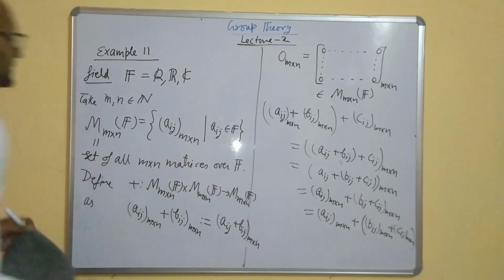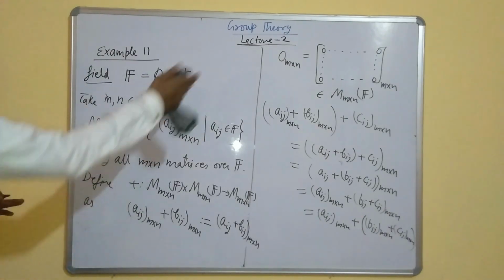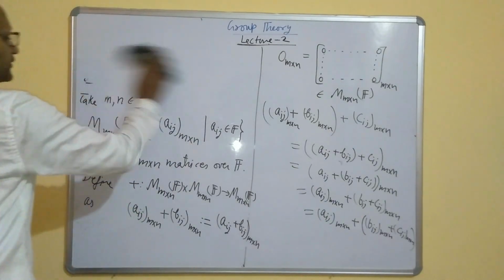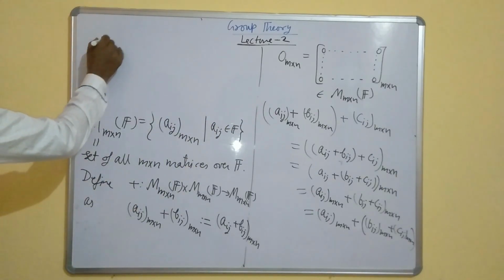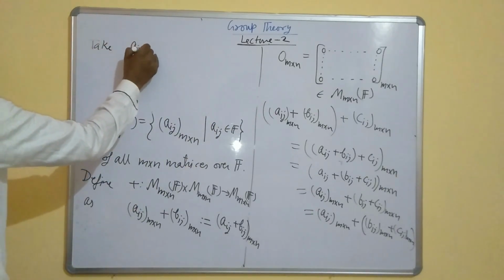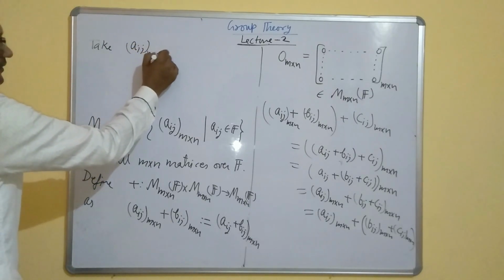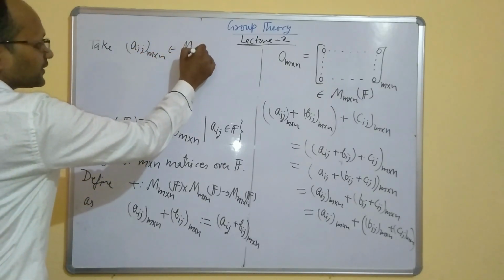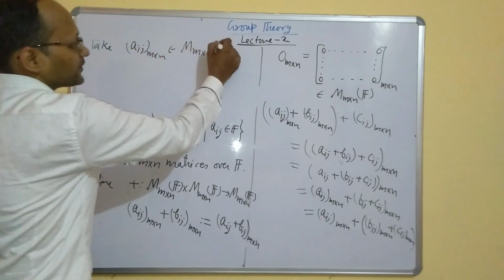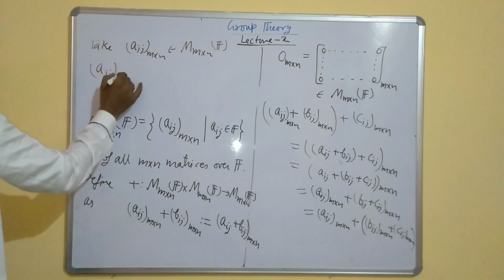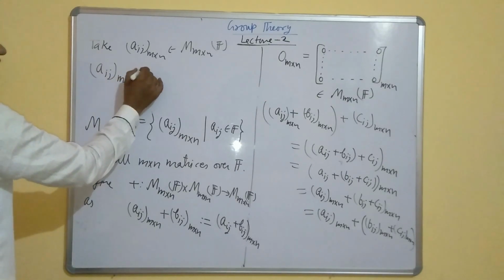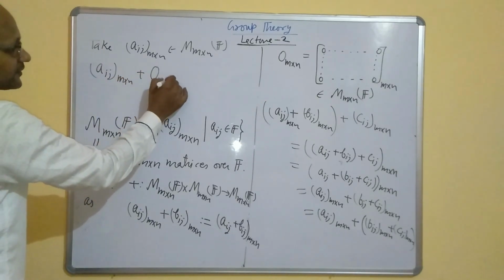And when will you add this zero element to any matrix, what will happen? So take an element A_ij, m cross n in the set of all matrices, and let me add 0 with it. So to A_ij, m cross n, we add the zero matrix, m cross n.